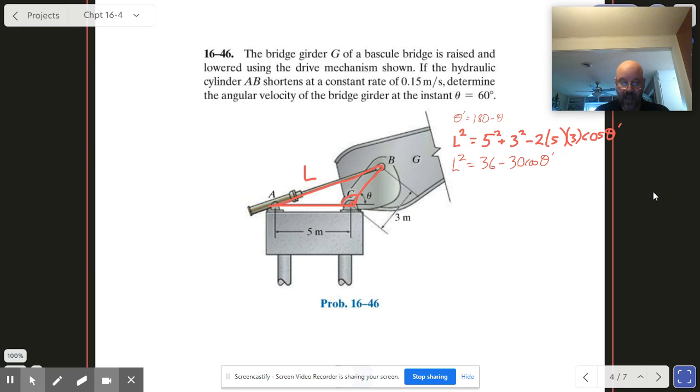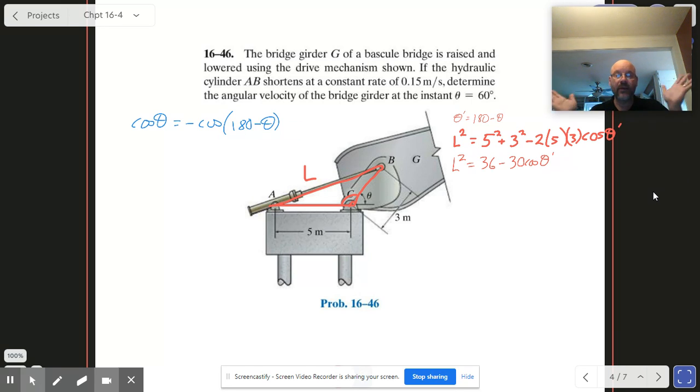Now, it turns out that when we're talking about cosines, the cosine of theta is equal to minus the cosine of 180 minus theta.